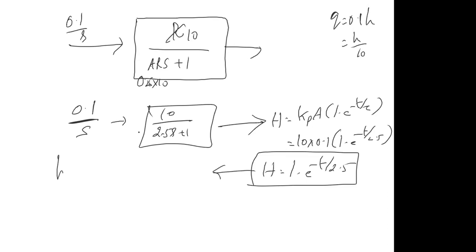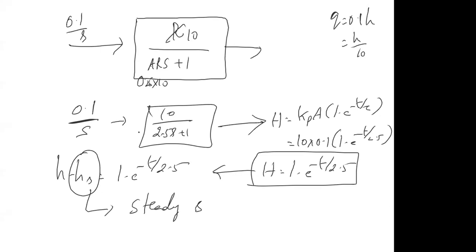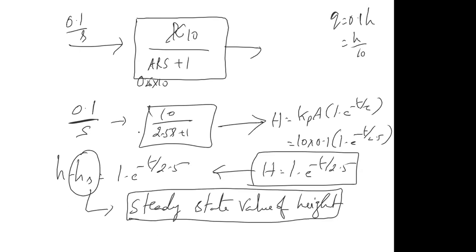It is nothing but small h minus hs, into 1 minus e power minus t by 2.5. So what is small hs? It is nothing but the steady state value of height. Before the disturbance, what is the height of the level in the tank?